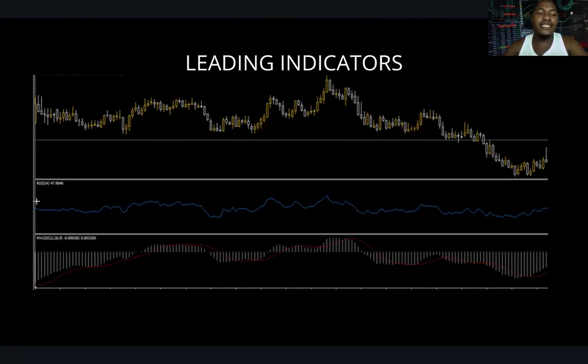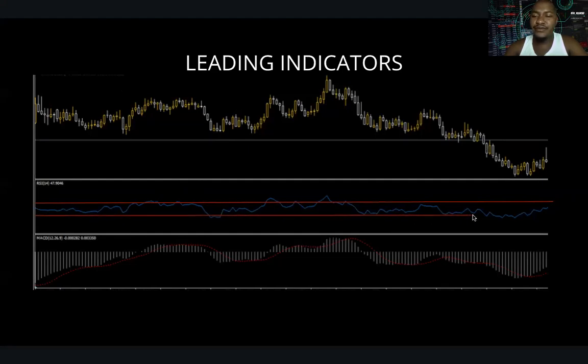This first level is for overbought situations. And then the second level is for oversold situations. Depending on the two levels and how they look, but in most cases, this is how they look.